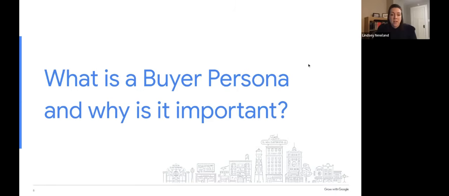And that is the magic of having a buyer persona: when you get to know your buyer persona, your customer, you're able to speak directly to them. You're able to cut right through the noise. Specifically, how it impacts your business is that having a buyer persona means you're able to talk to just this one group of people and speak their language.